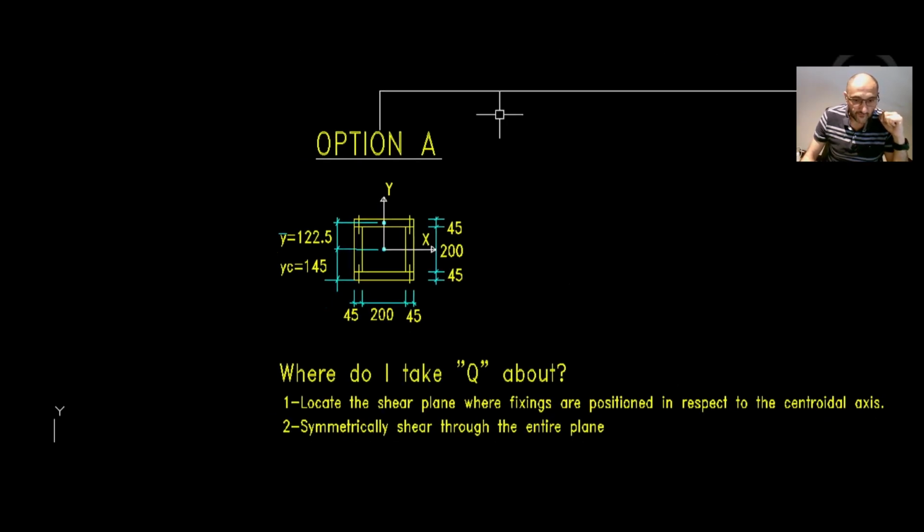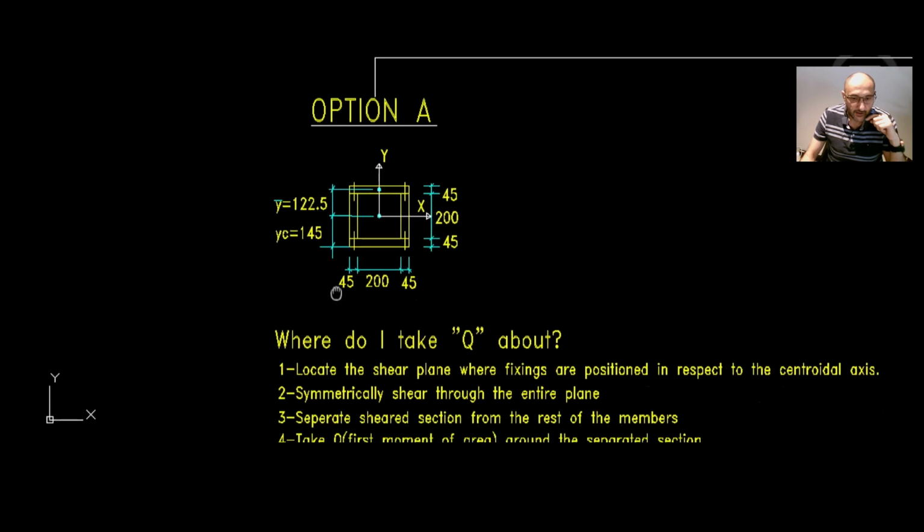Here we have the horizontal plank dimension is 290 by 45, and the vertical dimension of this plank is 200 by 45. The geometrical centroid of the whole section is 145 millimeters, which is 290 divided by 2.